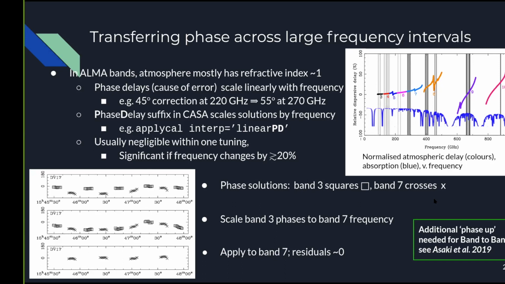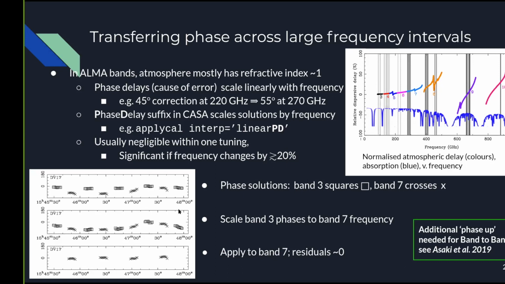When you're transferring over larger intervals, you need to use this PD suffix in your interpolation parameter in applycal, so that what that does is scale your solutions by frequency so that they become appropriate to apply to a very different frequency, typically if it's more than 20% different.